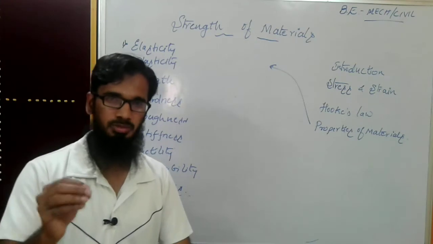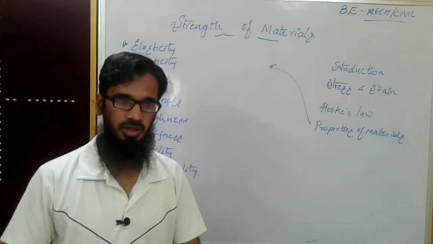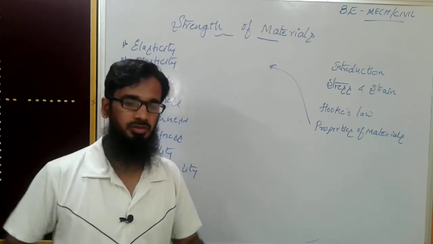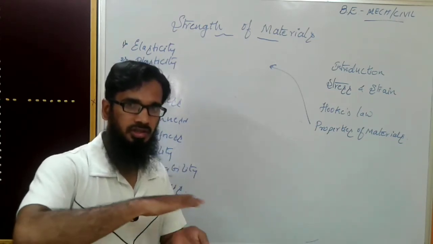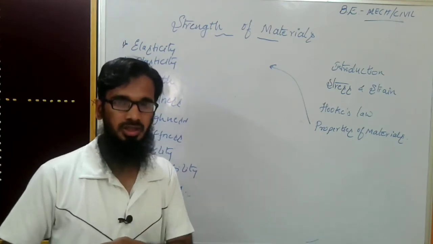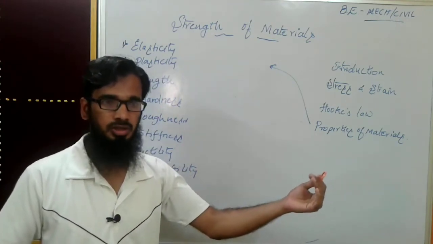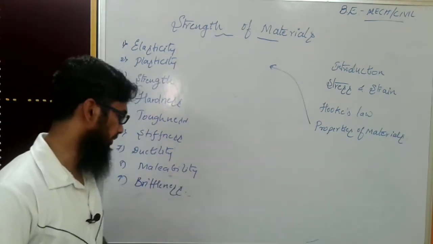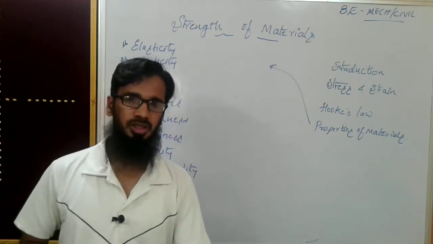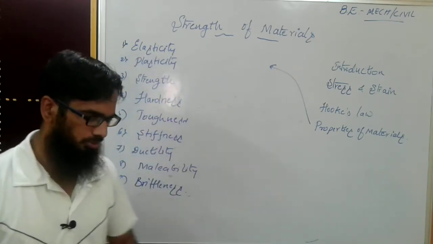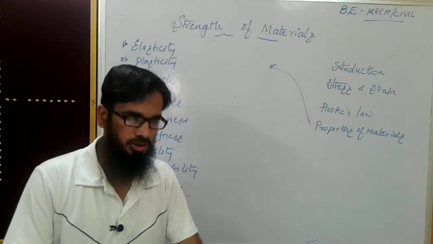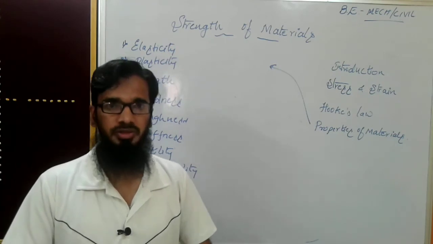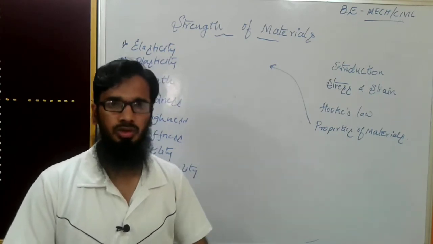For example, a small example from our daily life is making chapatis or parotas. We apply a load and we get a thin sheet. This is just an example, but for engineering materials, we can draw the material into thin sheets, and that gives the property of malleability. Now the last one is brittleness, which is a very important property. Brittleness means that without any significant deformation, the material tends to fail.